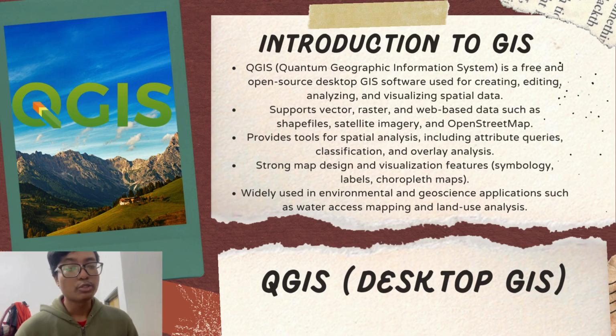It's very widely used in the environmental and geoscience fields, to map the environment, to help locate things such as minerals or label them in the maps. Though this is not the only software that we use. We also use a web-based GIS, which is on the next slide.